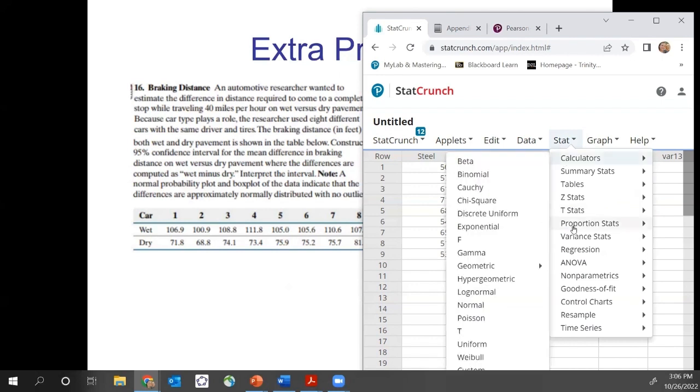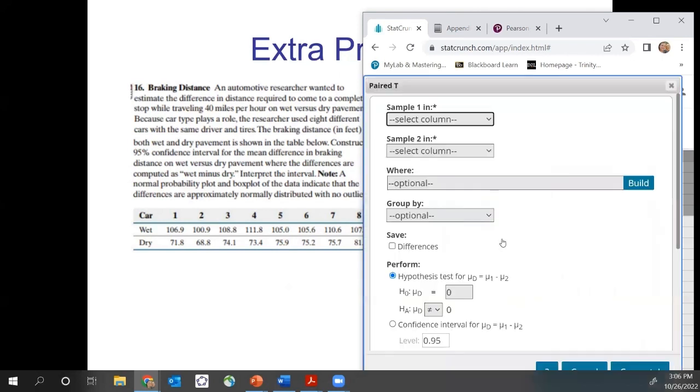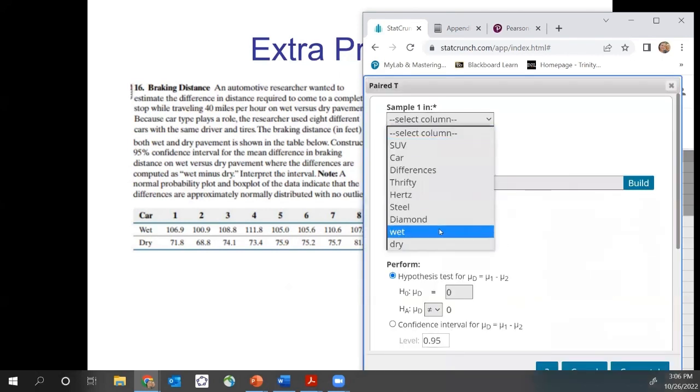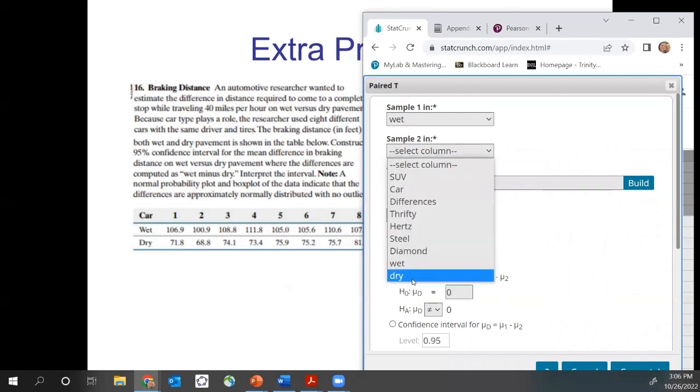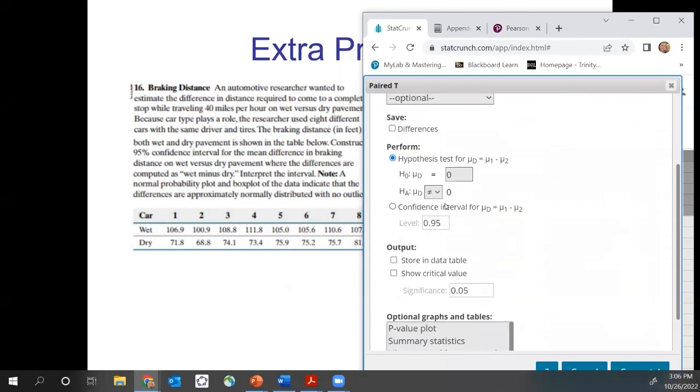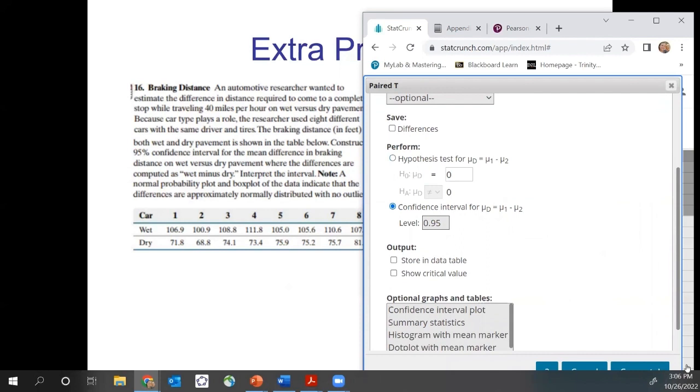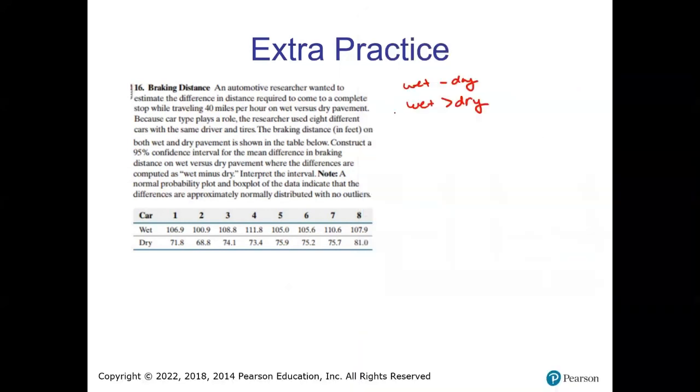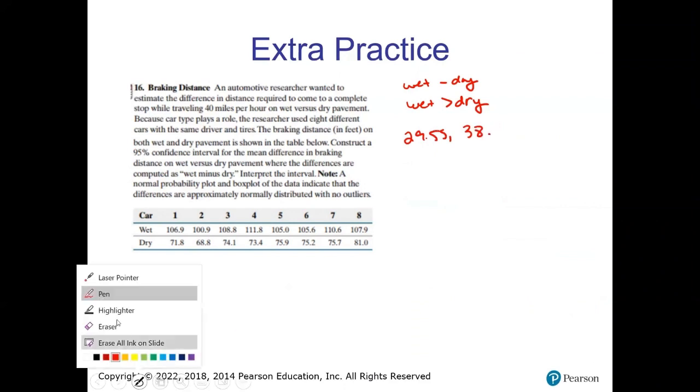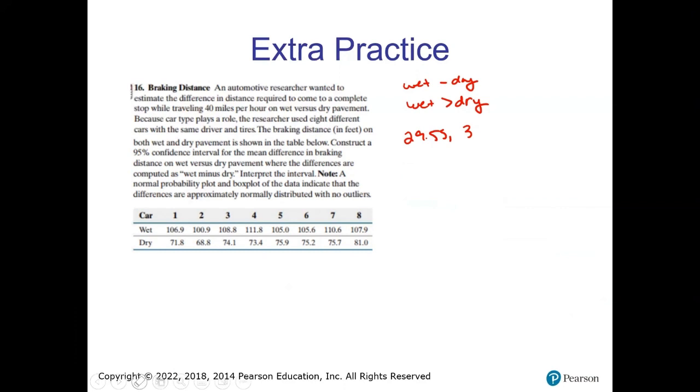So stats, paired. I'm comparing wet to dry with a confidence interval of 95%.